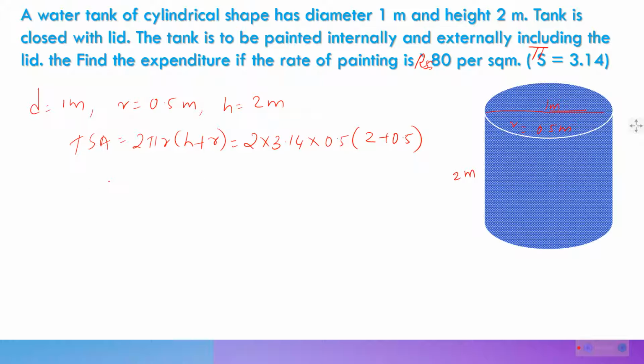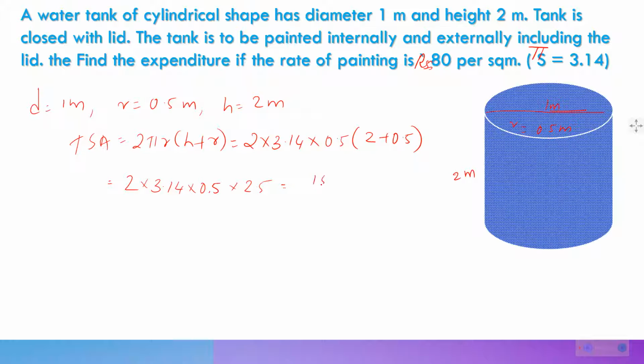So naturally this will be equal to 2 into 3.14 into 0.5 into 2.5. This we have to do, which you will be doing in your own way.